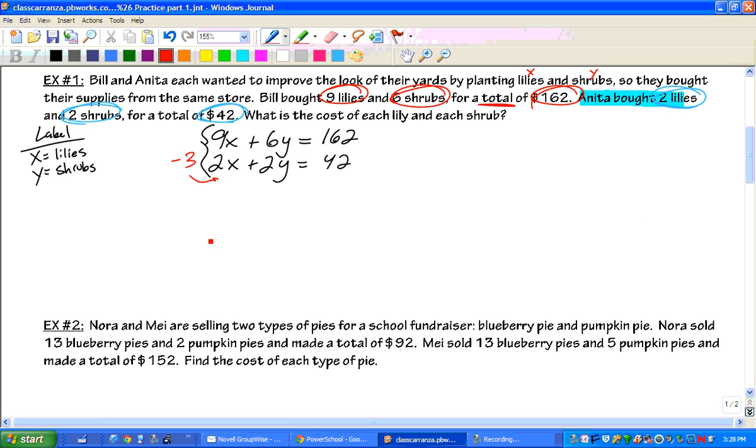When you multiply that out, you get negative 6x minus 6y equals... If you don't know what 42 times negative 3 is, you need to write that down. Negative 126. It's okay to do side work on these problems. I'm going to write the original problem down from the top.